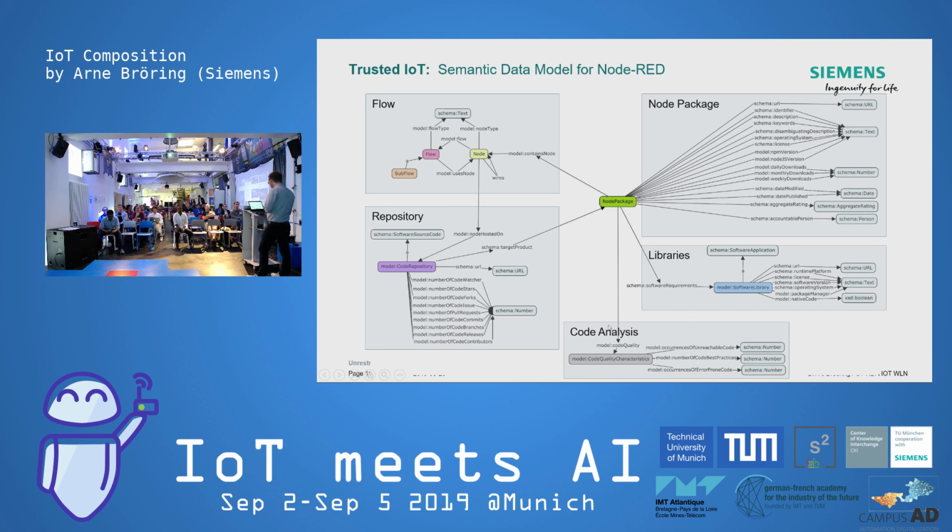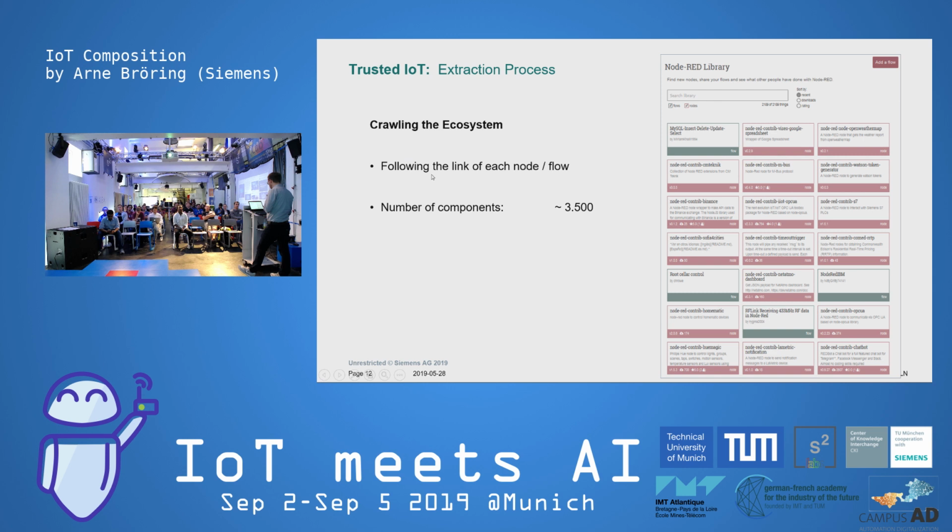Then we do a code analysis, so we download the source code from GitHub and run an automated code analysis. We have information about the repository and about the flows that are also stored in the ecosystem.